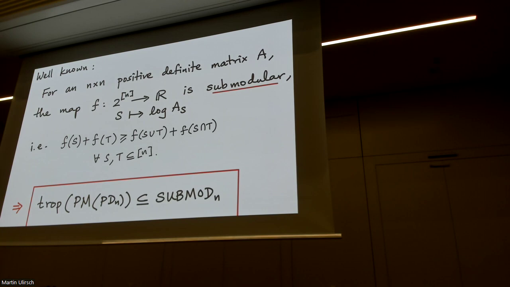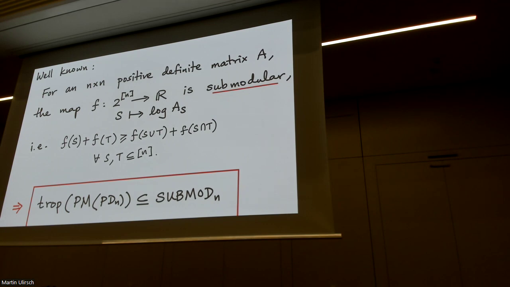People in economics study it a lot, since this is the diminishing marginal return inequality. If I move things around, this means that if I already have a lot of things, my valuation of the extra things diminishes. So this shows up in economics a lot. So log principal minors are submodular.